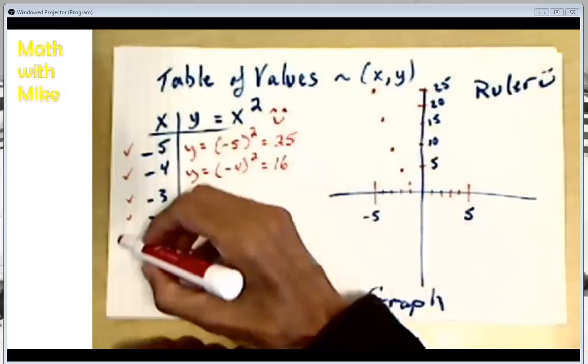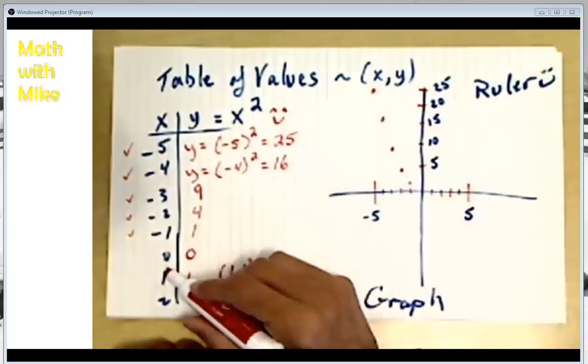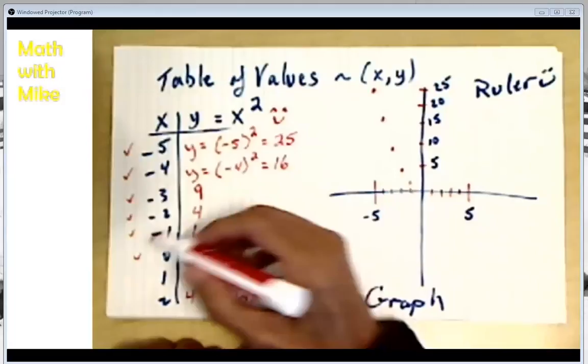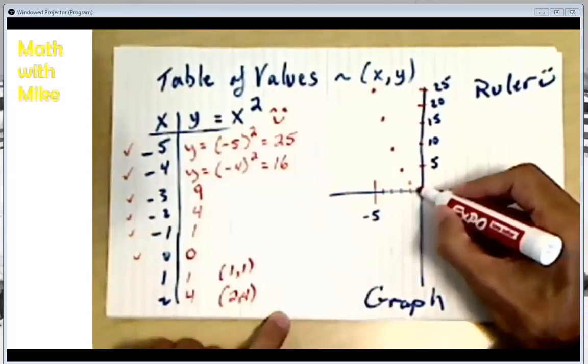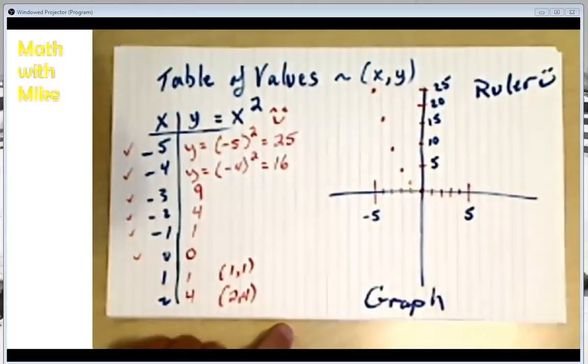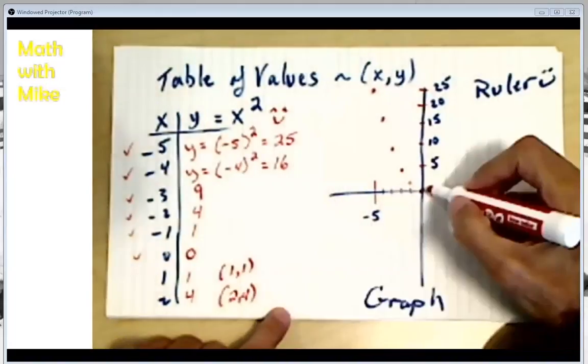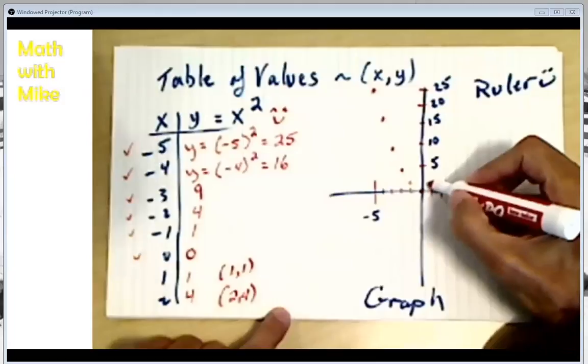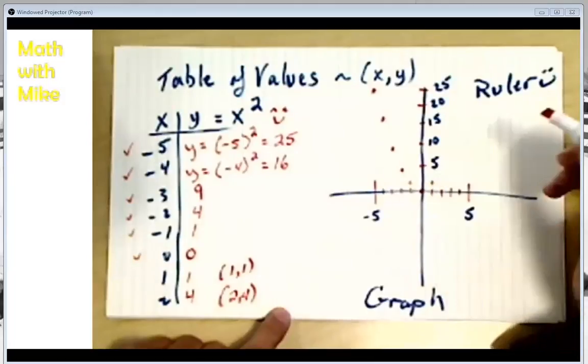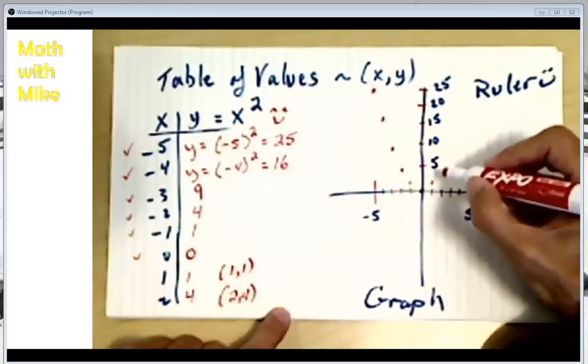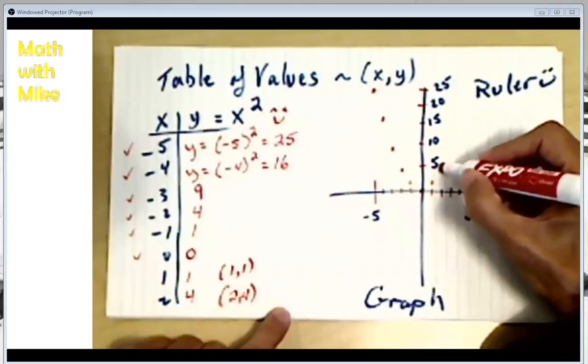And when x is 0, y is 0, so that gives this point right there. We can go a little bit further. When x is 1, y is 1, so about there. And then when x is 2, y is 4, so about there.